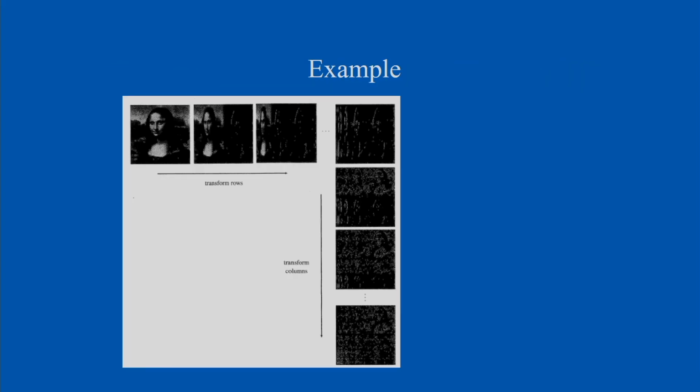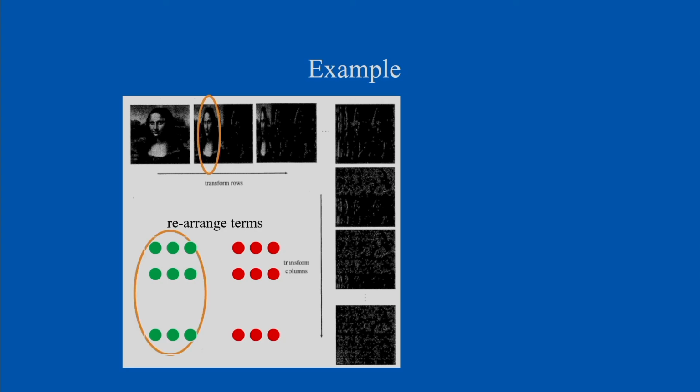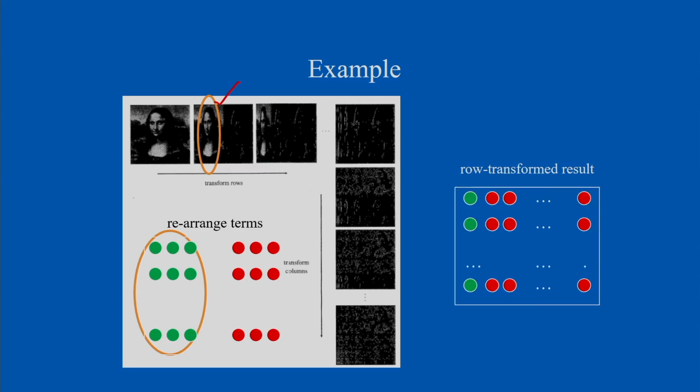In this example you can see here, first I am applying the row wise decomposition. After row wise decomposition, what can you get? I will be getting the row transform result. After this I am arranging it, and after arranging I will be getting this. That means this is the output corresponding to the row transform decomposition.